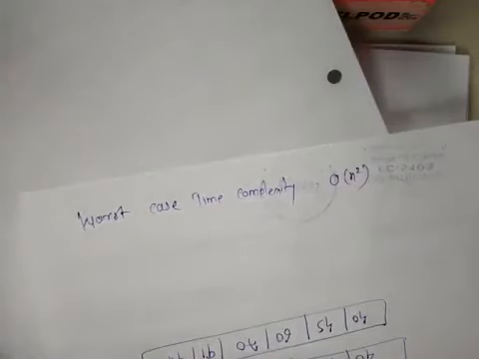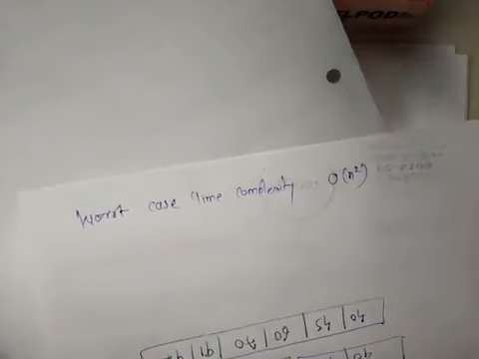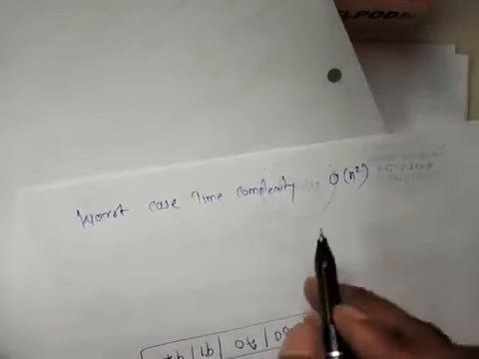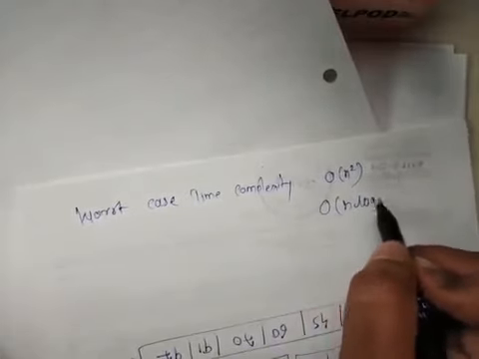And the best case and average case time complexity, okay. Best case time complexity is big O of n log n.